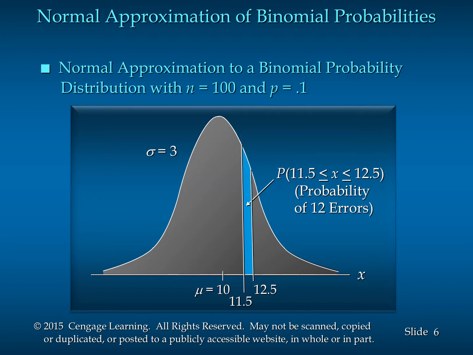Now, remembering the last lecture on normal probability, we can calculate the probability in any interval on a normal distribution using the standard normal distribution or the z-distribution.